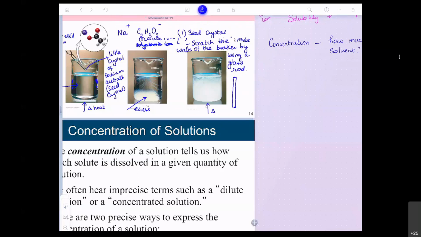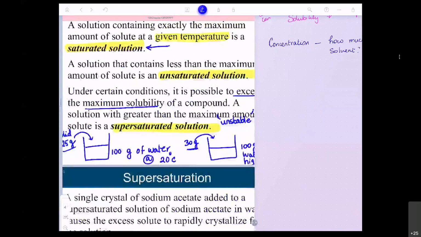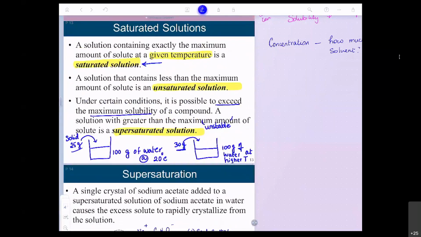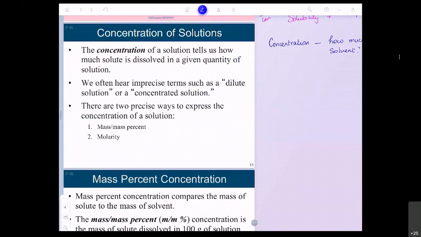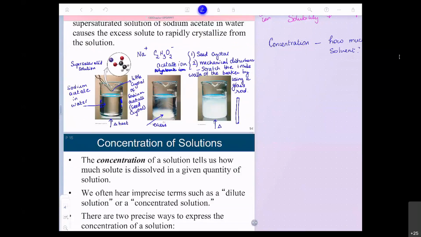So when we look at the three solutions, saturated, unsaturated, and supersaturated, we're not really defining the exact amount of solute in the solvent. We're just saying what's the maximum amount, and that can change from substance to substance. So I could go to the lab tech and say, give me an unsaturated solution of sodium acetate or anything like that.